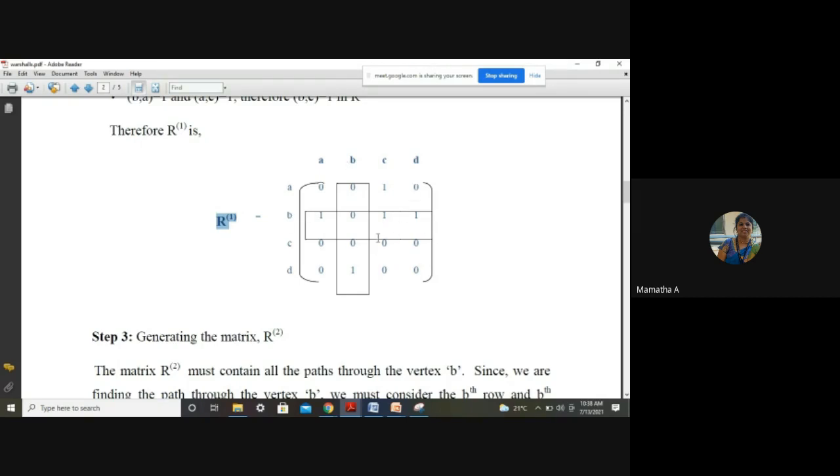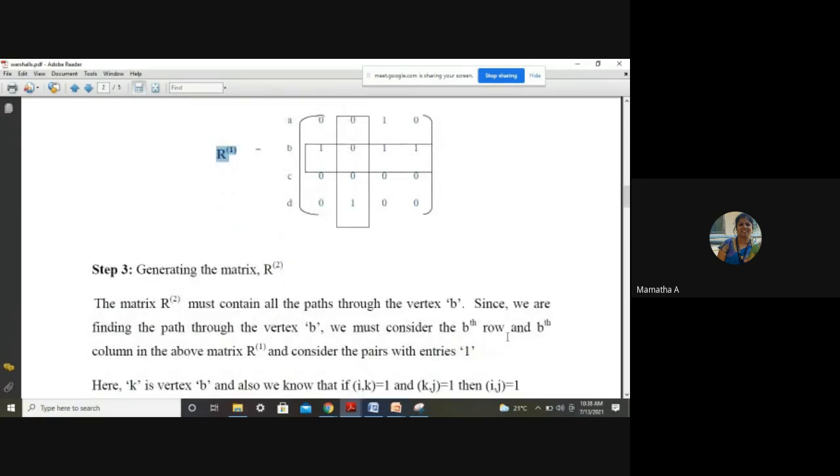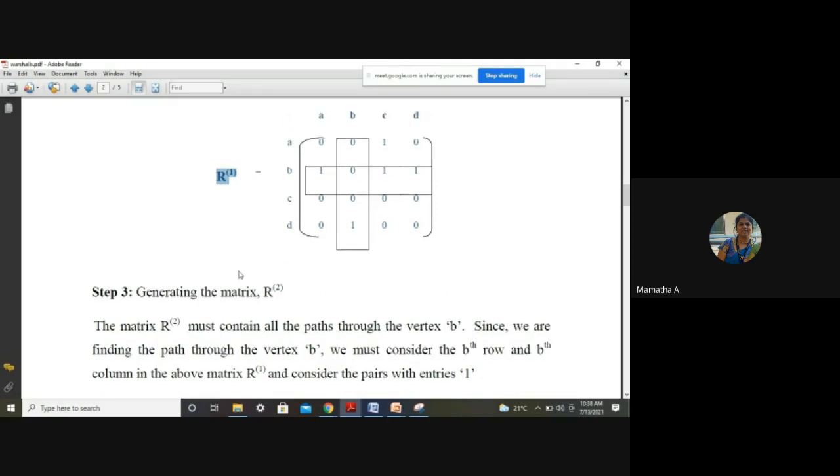We have to consider the Bth row and Bth column in the matrix R1 and consider the pairs which have values 1. In R2, what is the K value for me? K equals what in R2?